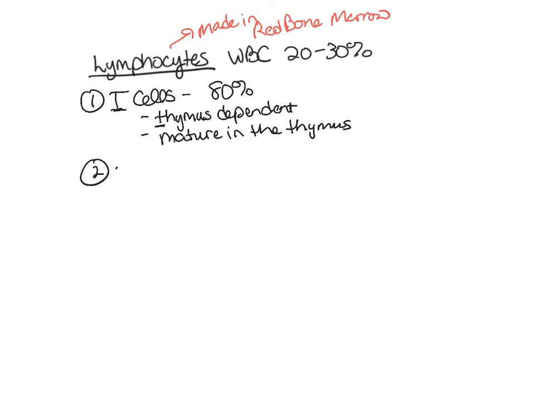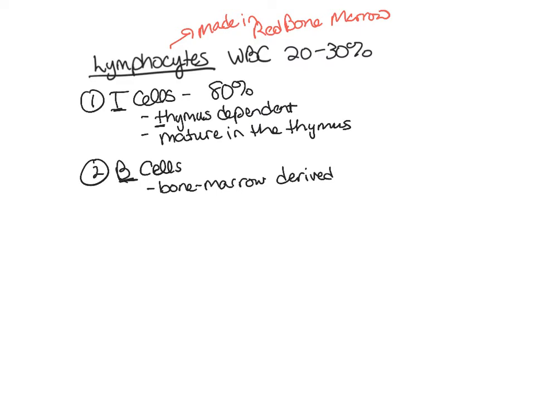Then we have the B cells. And the B cells, we can say, are bone marrow derived. This is not why we call them B cells. We call them B cells because of the organ in the bird that they were first discovered in.